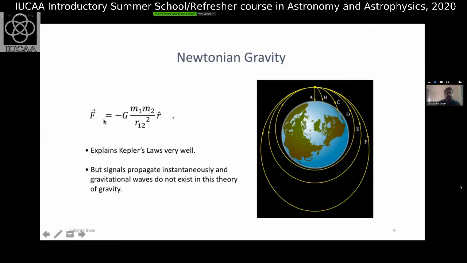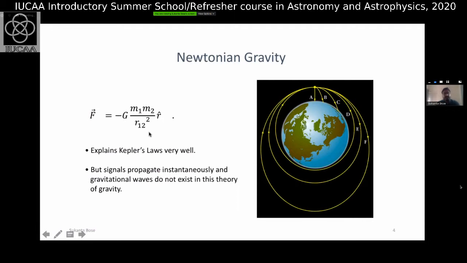So here, for example, the force due to mass 1 on mass 2 is given by this expression, where r hat is a unit vector radially pointing away from mass 1 towards mass 2. Okay, so the force is attractive, so it's negative r hat.